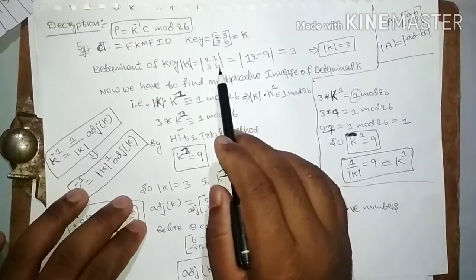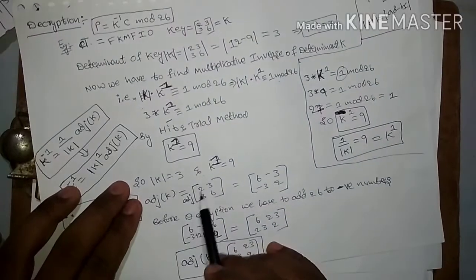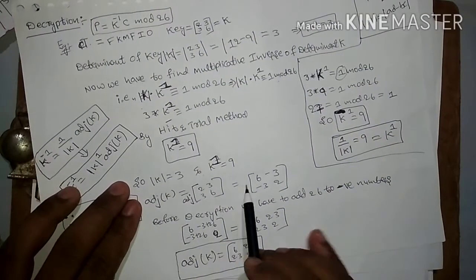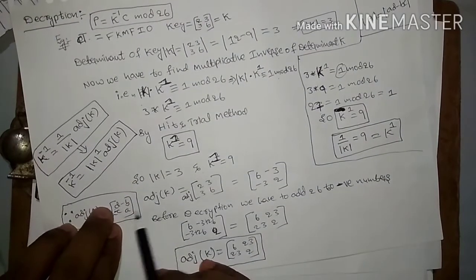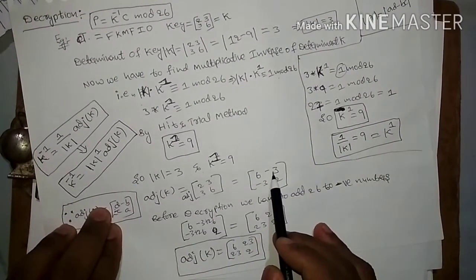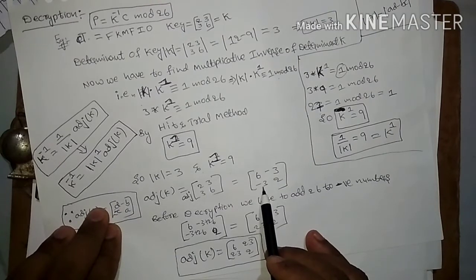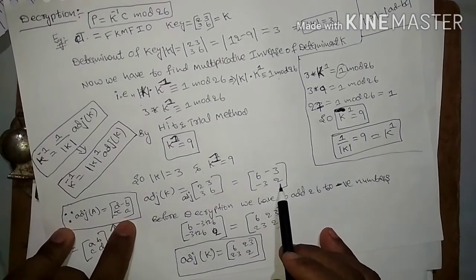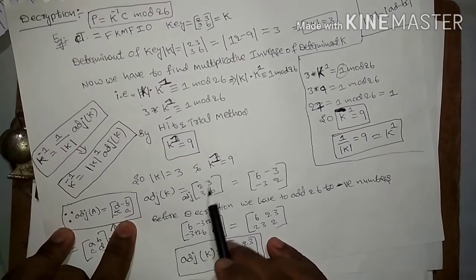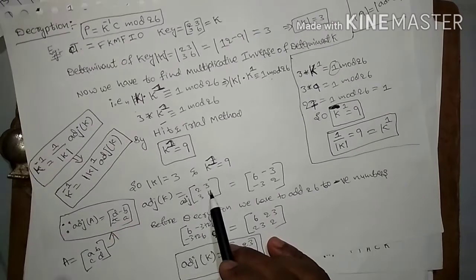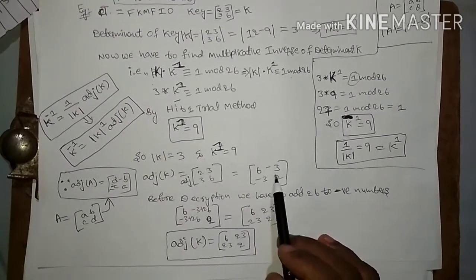Adjoint of K equals adjoint of 2, 3, 3, 6, which is 6, minus 3, minus 3, 2. So the 2 and 6 are interchanged, and the positive 3 values get a negative sign in front, so they convert to minus 3, minus 3.